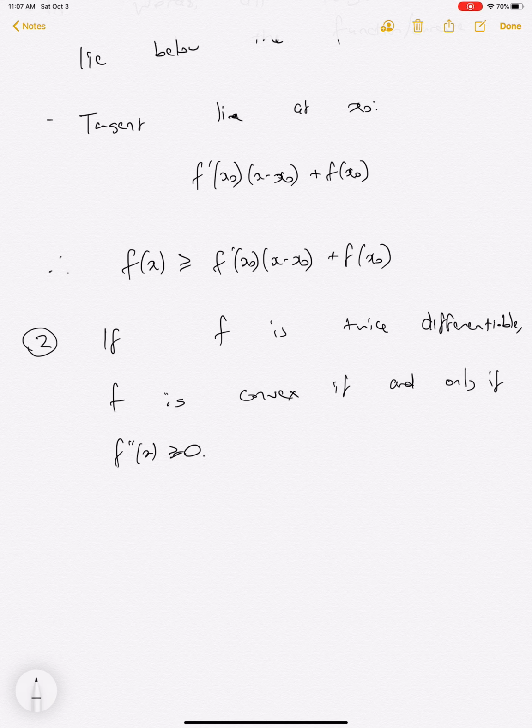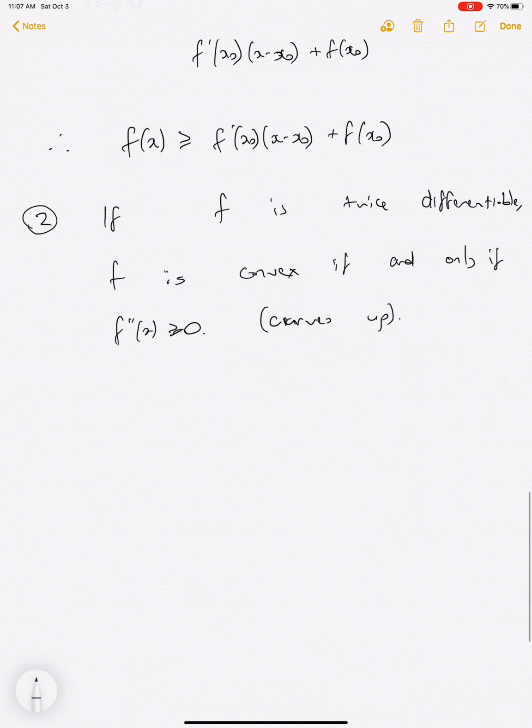This is related to the notion that the function curves up, because the double derivative is referred to as curvature. So f double prime of x is often called curvature, because that's measuring how quickly the gradient is changing. If that's positive, that's saying that it's curving up. It's getting bigger.